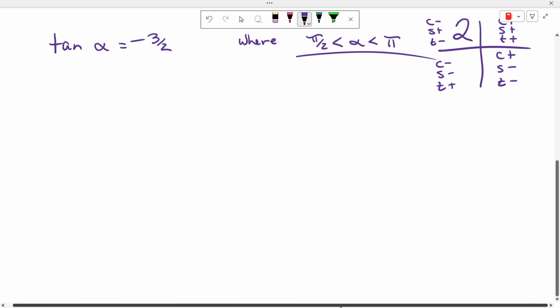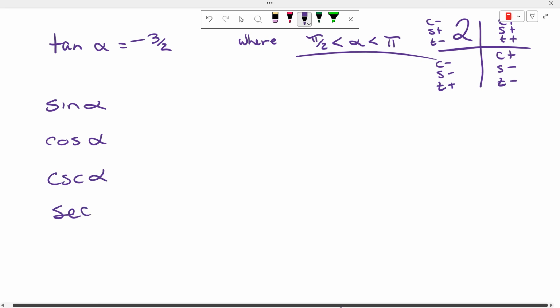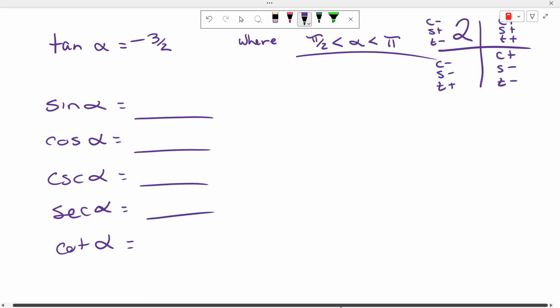All right, so we have tangent, so I need a sine of alpha, a cosine of alpha, a cosecant of alpha, a secant of alpha, and a cotangent of alpha. What's the easiest to find out of all 5 of these?